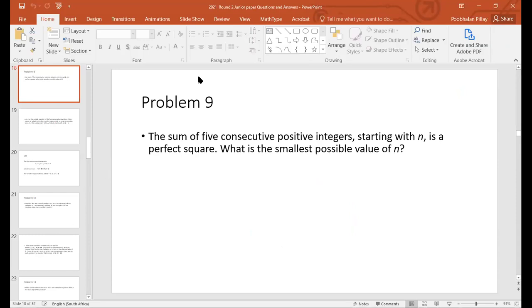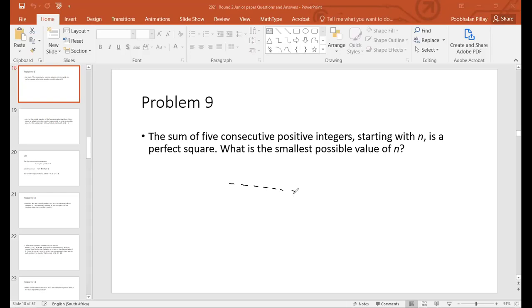Now, I don't know whether it occurred to you, as a good mathematics student who likes mathematics, you should be playing around with numbers and so on. You might have come across at some point, suppose I got 7 consecutive numbers.